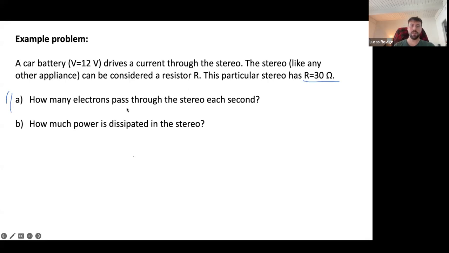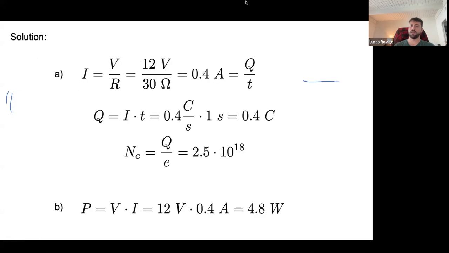So you see that how many electrons pass through the stereo each second is going to be related to the current, right? The current is a description of the charge that passes through the system per amount of time. So let's get the current from Ohm's law. We have a potential of 12 volts and a resistor of 30 ohms. And so it gives us 0.4 amps.